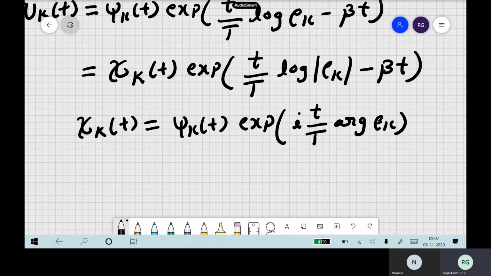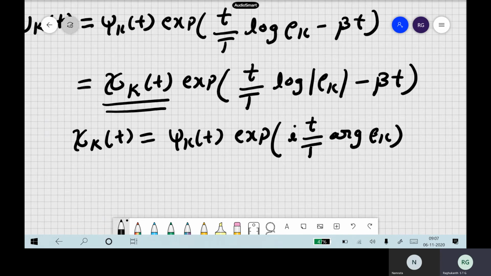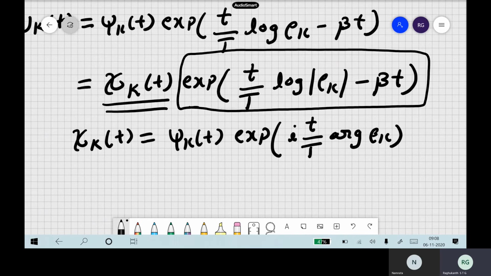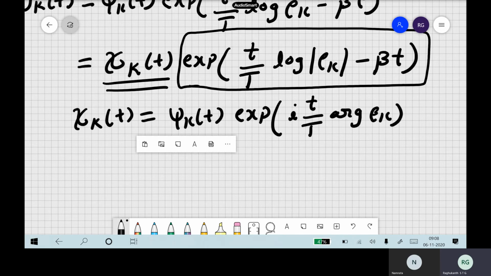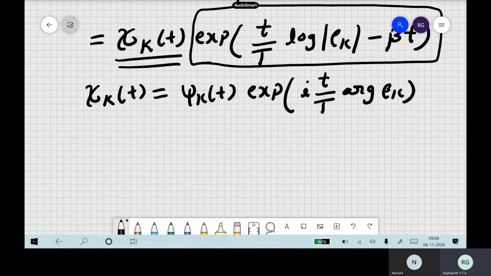So now whether the solution is stable or unstable depends on which quantity? Since ψk has this imaginary term, we have this important term, and the stability is controlled by this term itself. Suppose you want bounded solutions, what should happen?